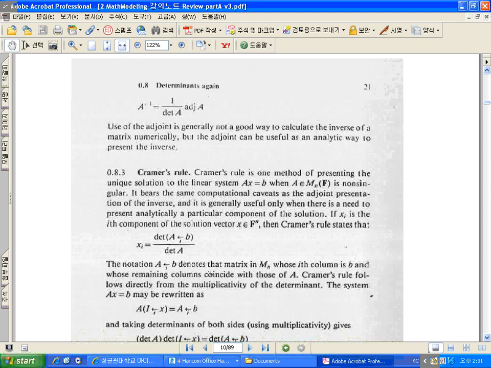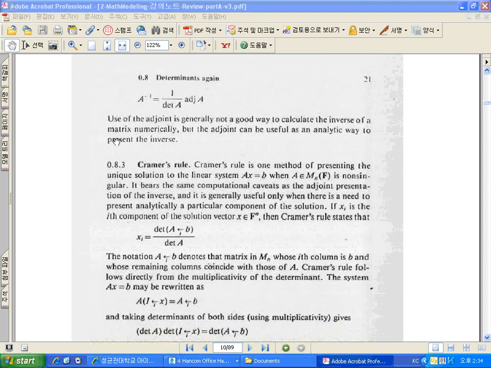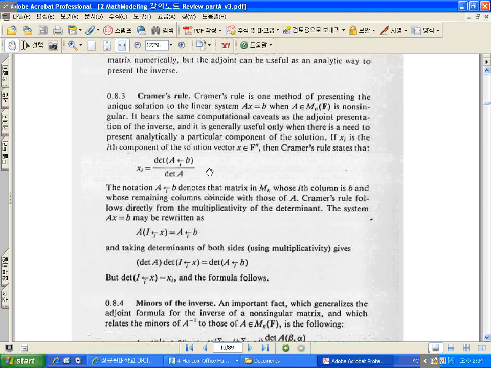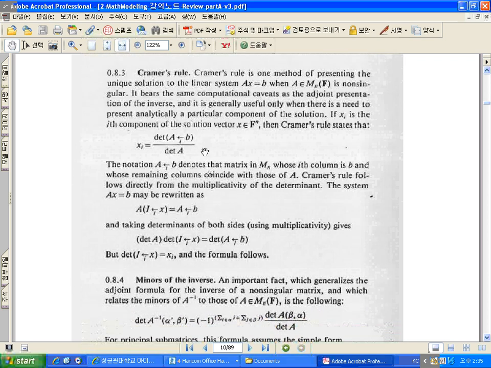Okay, determinant again. The next fact is the equation for A inverse. The inverse of the given matrix A can be obtained by multiplying 1 over the determinant of A times the adjoint of A. And also, if we use this fact, then Cramer's rule can be proved easily. Here, this notation says the i-th column of A is replaced by b.